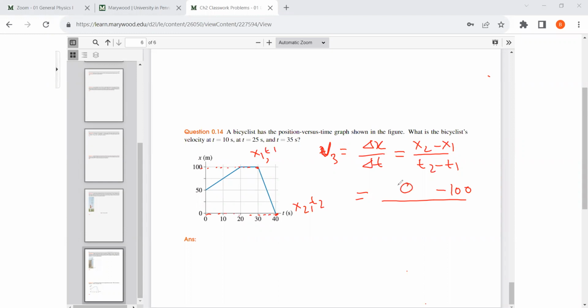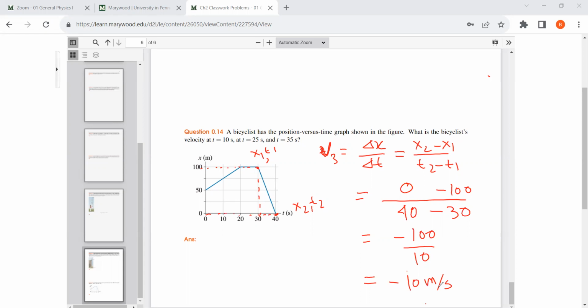So 0 minus 100, and t2 is 40 and t1 is 30. So it is minus 100 divided by 10. So the answer is minus 10 meters per second. So the velocity for the third line is minus 10 meters per second, because it is the slope of this line.